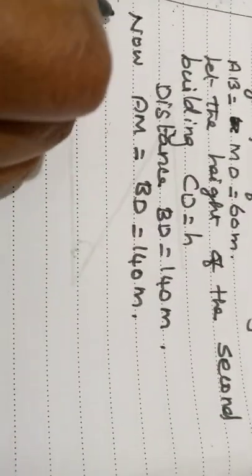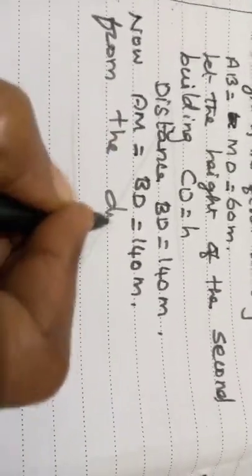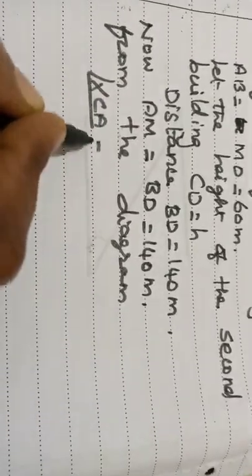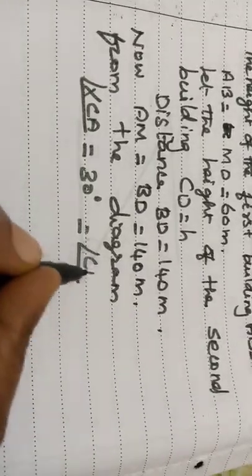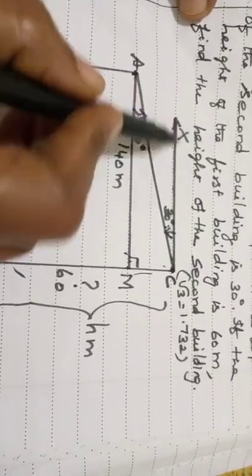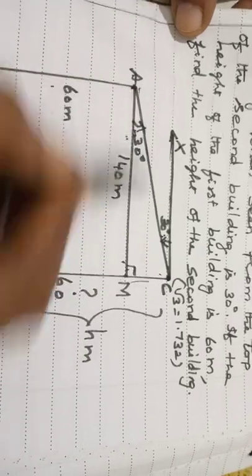From the diagram, angle HCA is equal to 30 degree, which is equal to angle CAM. Listen to the diagram. This line we have to mark as X. This angle XCA is equal to angle CAM.